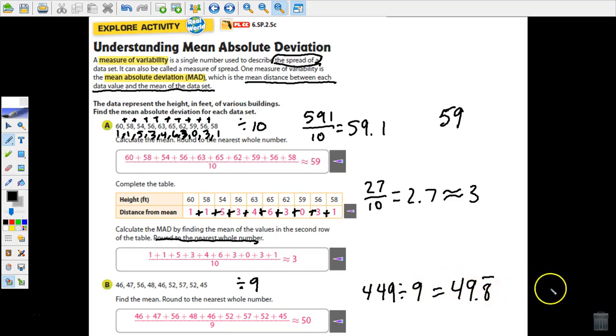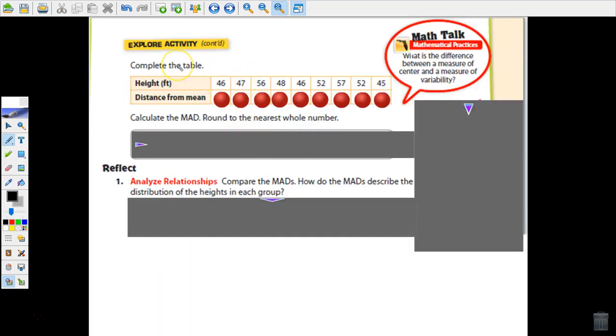Okay, so we're gonna round that up and say it's about 50 because it tells me to round to the nearest whole number. Okay, so we have to look at all of these numbers and find the distance from them to 50.